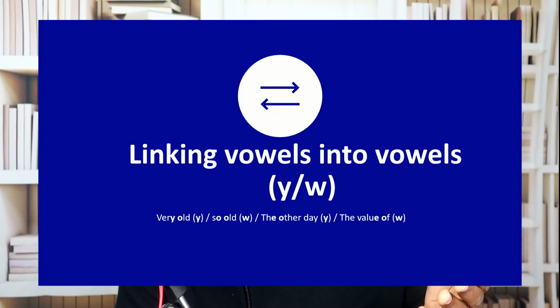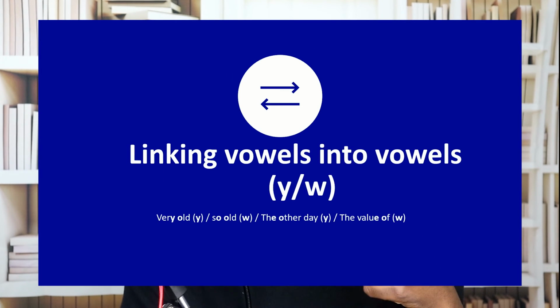Now, coming to vowels, there is this tendency to link vowels into vowels. When you listen to native speakers, you will see that they tend to place a ya or a wa in between two words, the first one ending with a vowel and the other one starting with a vowel. For instance, instead of saying very old, native speakers would say very old.